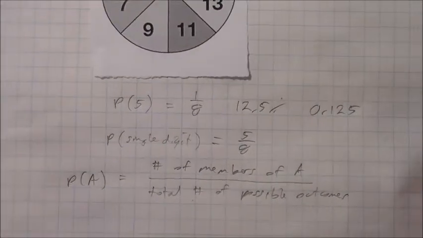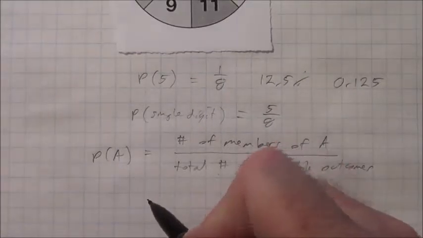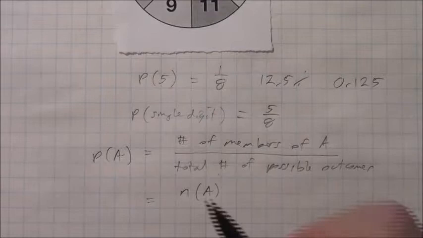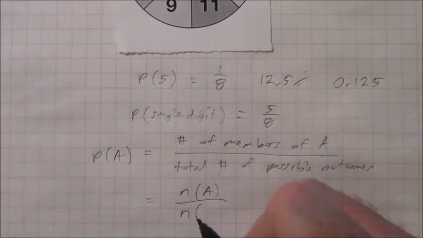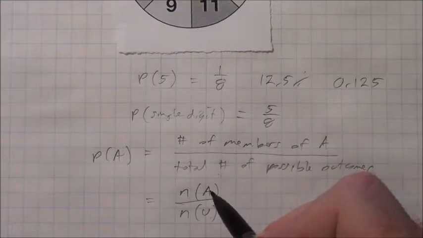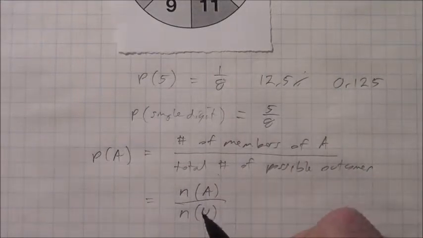Okay, and we could then say that that's the same as the number in event A, whatever we're looking for, over the size of the universal set. Okay, remember we looked at that, or we will look at that, sorry, sooner.